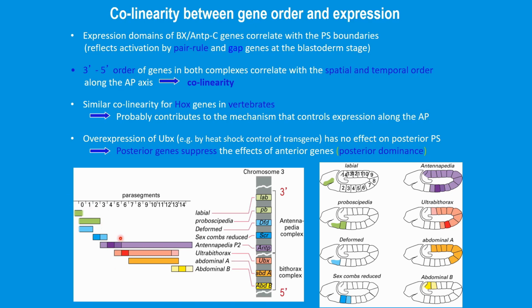So there's an order in which they're turned on, and they think that one can be impacting on the expression of the other, turning it on, but they know for sure that the later genes suppress the transcription of the earlier genes. This is called posterior dominance.